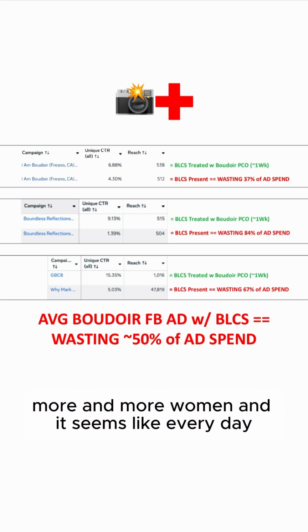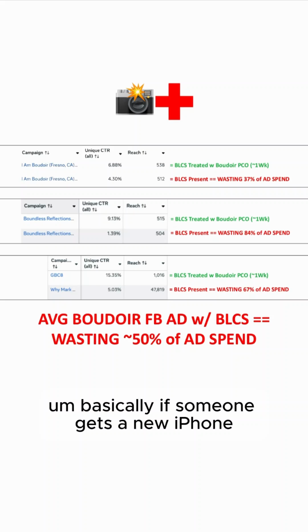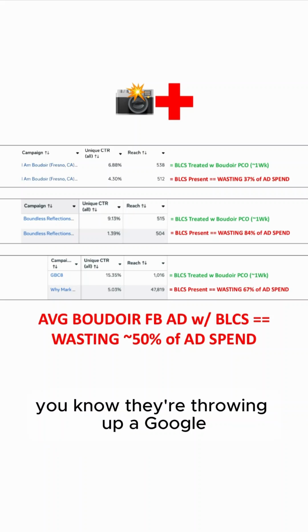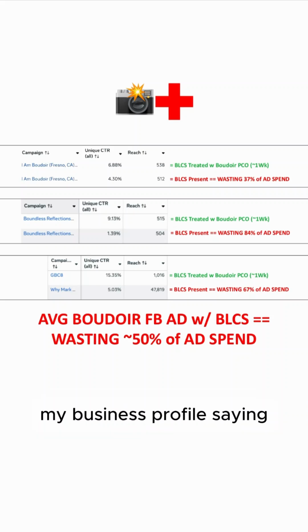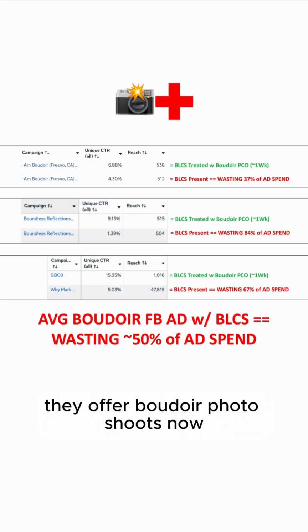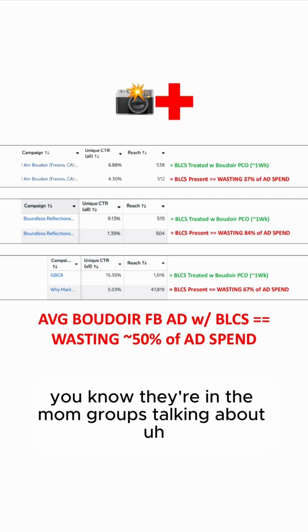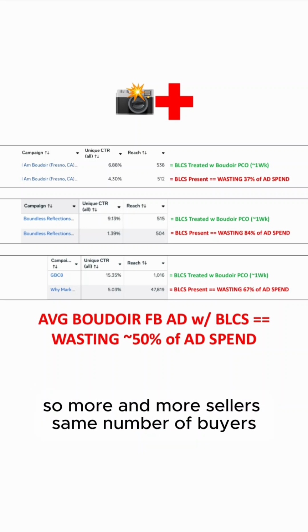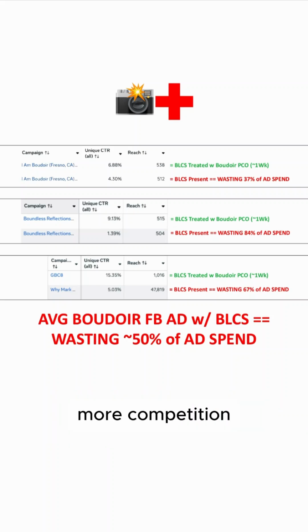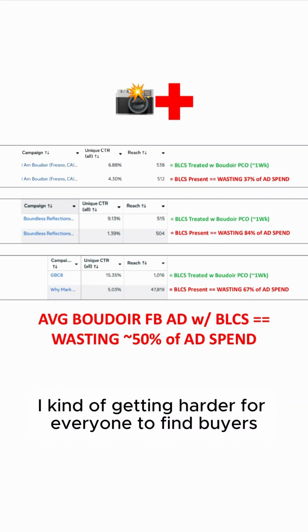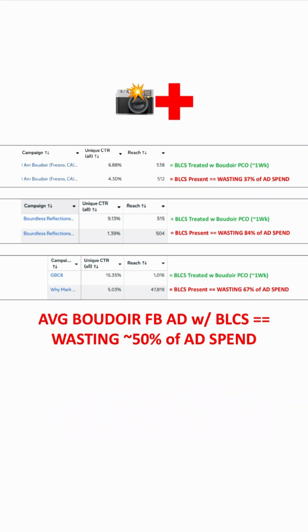It seems like every day, if someone gets a new iPhone, they're throwing up a Google My Business profile saying they offer boudoir photo shoots now, or they get a new camera and they're in the mom groups talking about how they shoot boudoir now. So more and more sellers, same number of buyers, more competition, getting harder for everyone to find buyers.